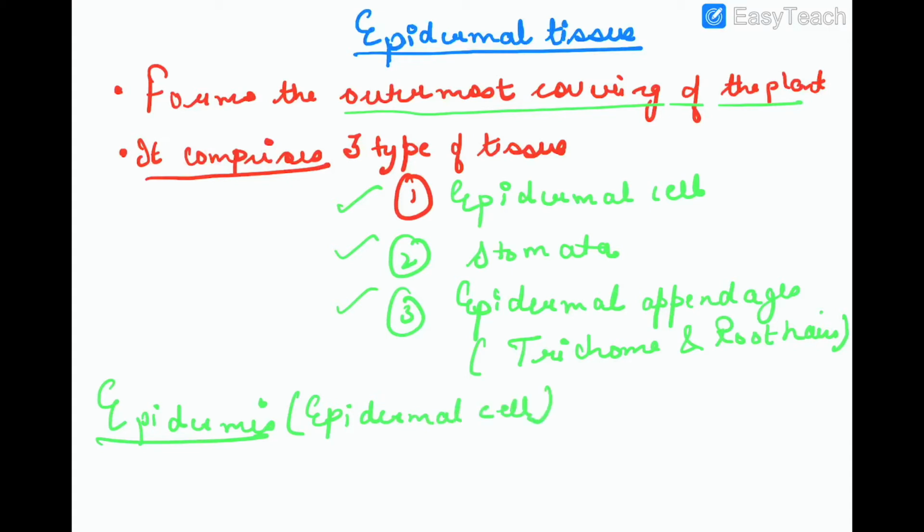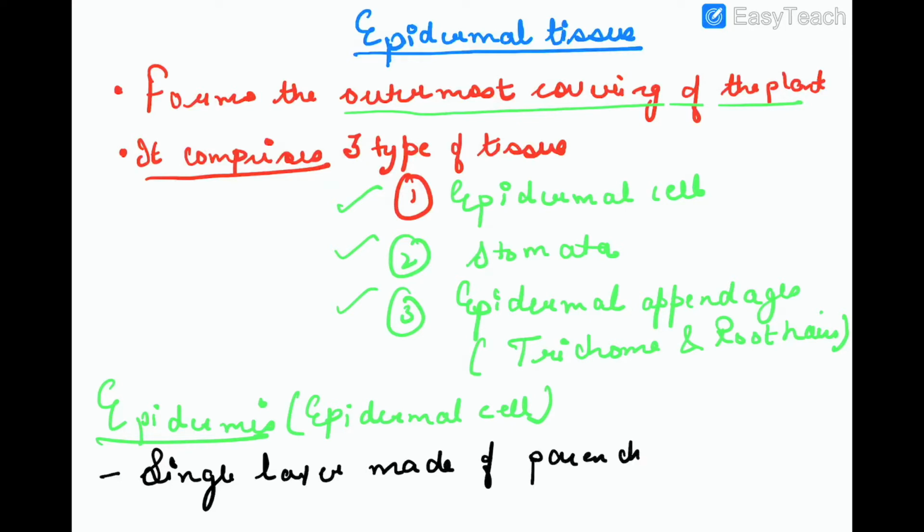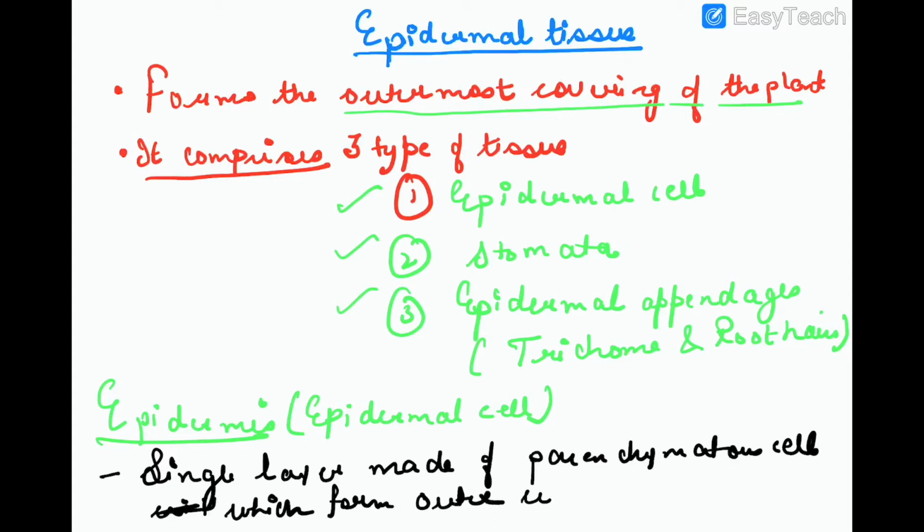Epidermis is a single layer made up of parenchymatous cells, which forms the outermost covering of the plant.